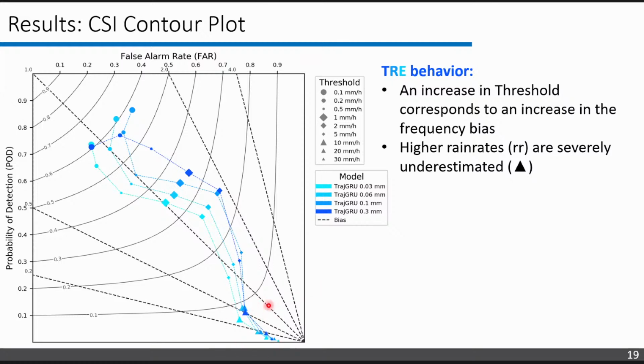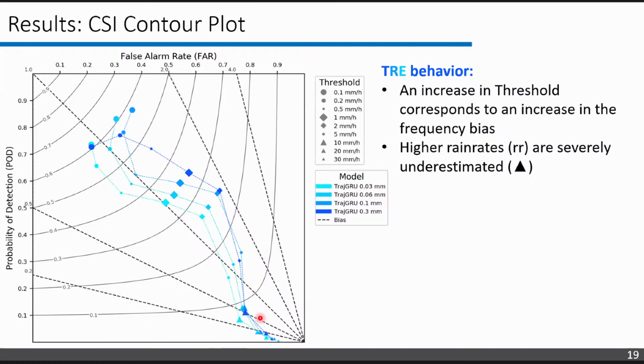So we wanted to fix especially this part, because we are using this model operationally for civil protection purposes, and the civil protection is interested in high impact events, which are basically the ones that you see on the lower right side of this plot.